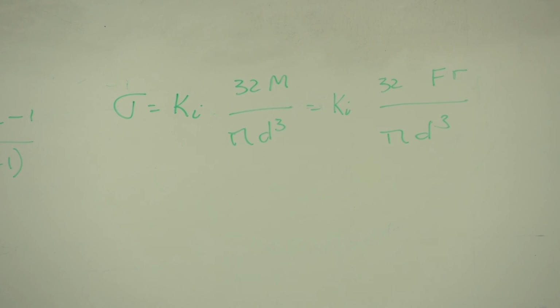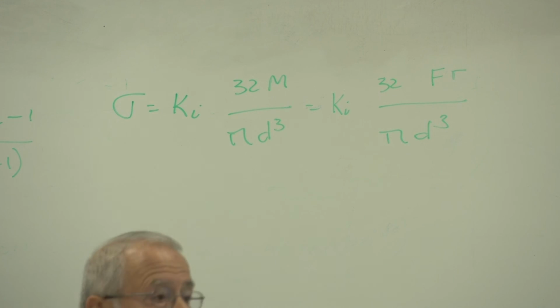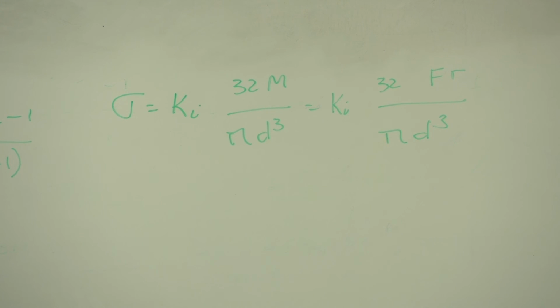We also need to define the spring rate. For torsional springs, how is the spring rate defined? Moment over rotation, that's right. And you can define it as moment per radian, that's rotation.